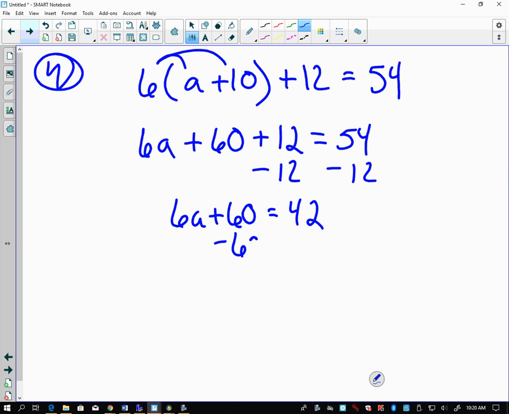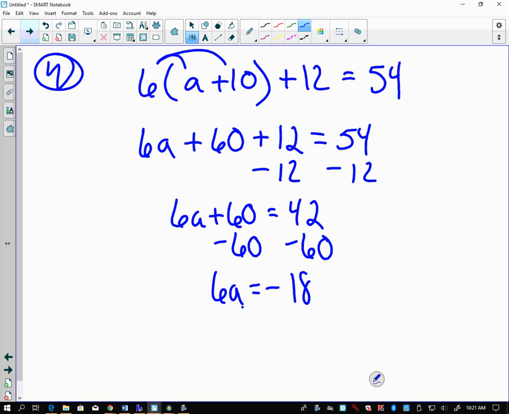Subtract 60. Okay. All right, it's giving me 6a equals probably a negative because we're subtracting more than what's there. The difference with 60. What is that? Negative 18. Okay.